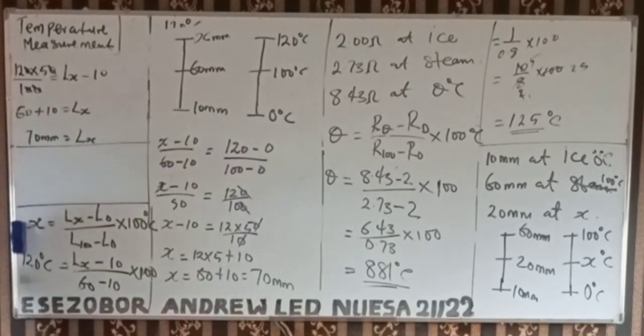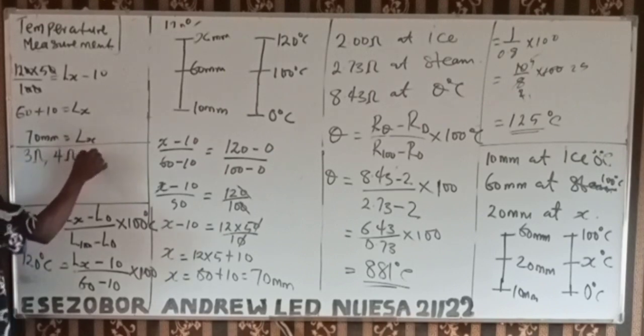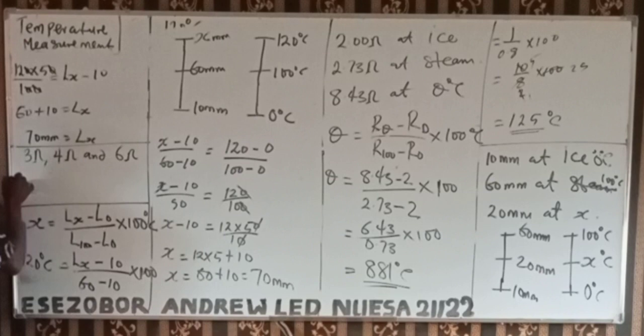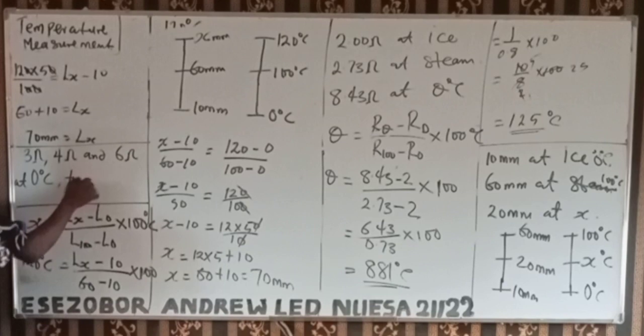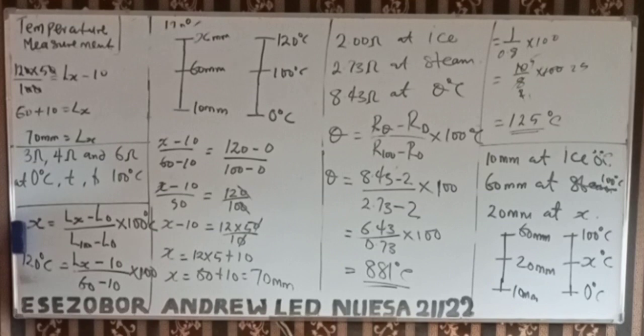The coil of a wire has the following resistances: 3 ohms, 4 ohms, and 6 ohms at 0 degrees Celsius, T, and 100 degrees Celsius, respectively.